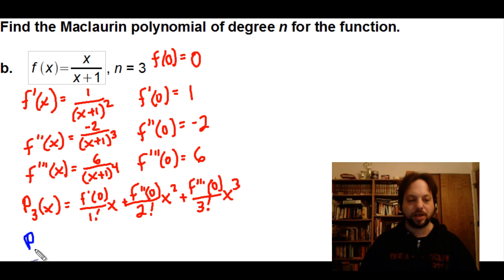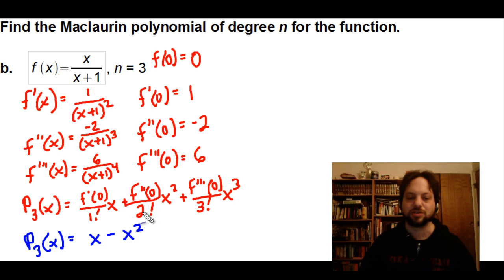So, my third degree Maclaurin, let's go ahead and put it all together here. This term here, my linear term, is simply going to be x. This is going to be 1 over 1 times x. My second term is going to be negative x squared, and I got that because f double prime of 0 is negative 2.